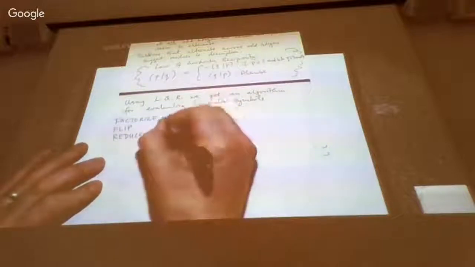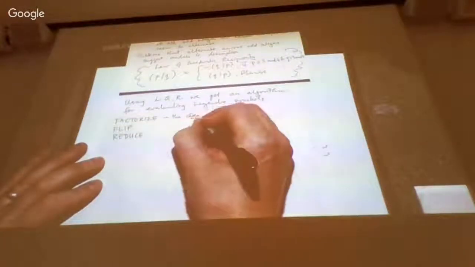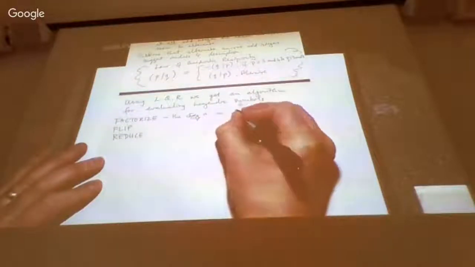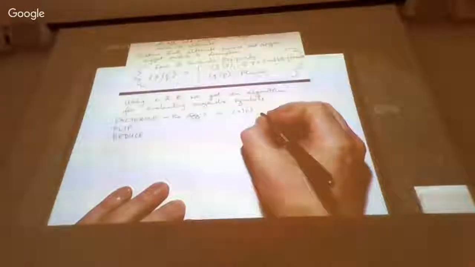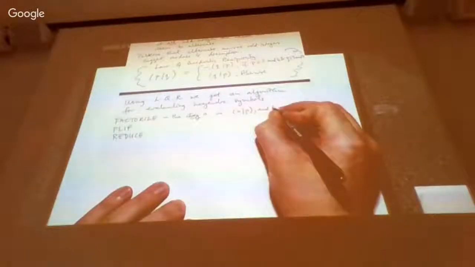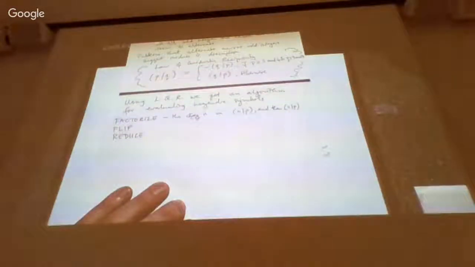It's a 3-step algorithm. Factorize the Legendre symbol. Factorize the n in n mod p. Fully factorize it, like we showed before, into its prime factorization, and then factorize the Legendre symbol itself as the product of the other Legendre symbols featuring primes.